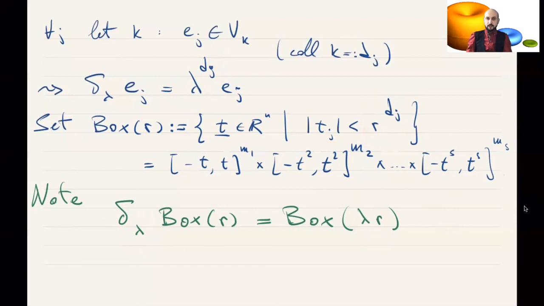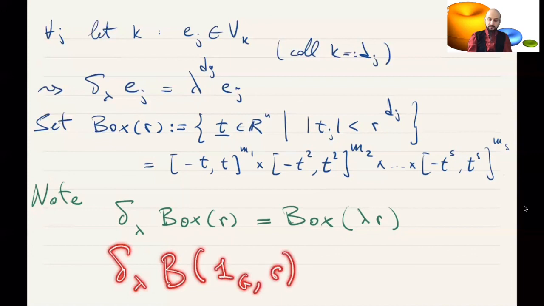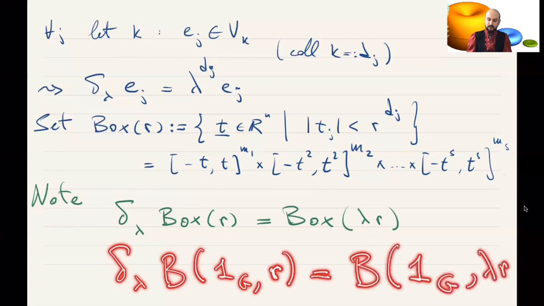But now notice this fact. This is exactly what we have for the metric balls. We have the dilation of the balls at the origin of radius r. Because delta lambda is a dilation, this is exactly the ball with radius lambda r. So you see that the boxes and the balls behave exactly in the same way under the dilation delta lambda.